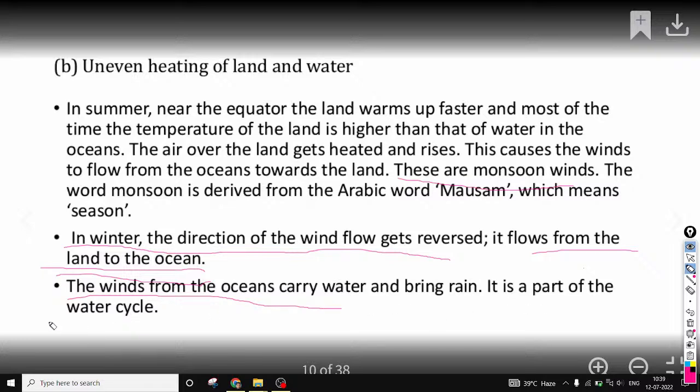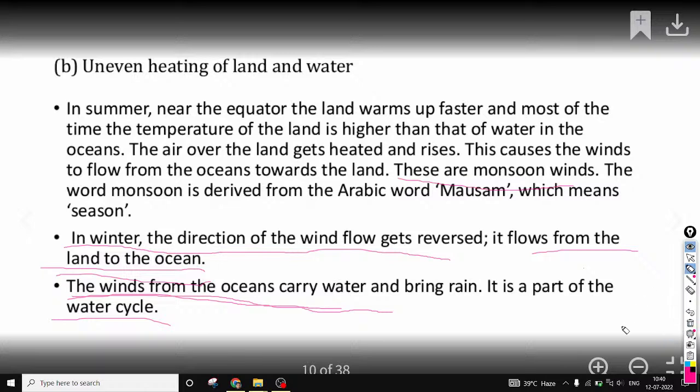It's part of the water cycle. So uneven heating of land and water also helps us with rain.